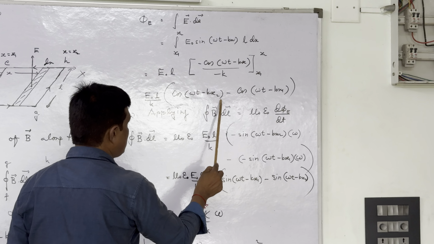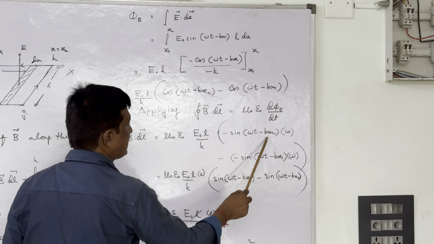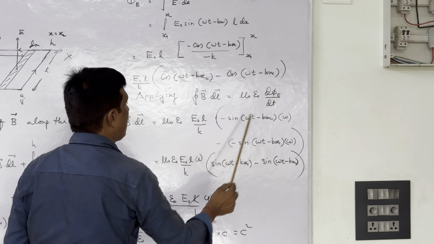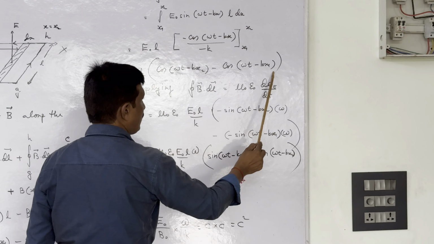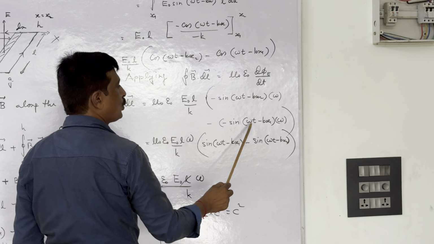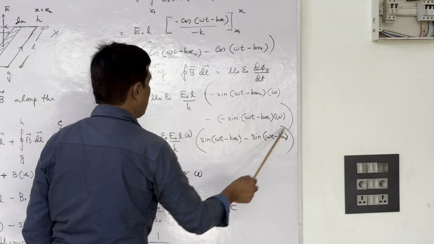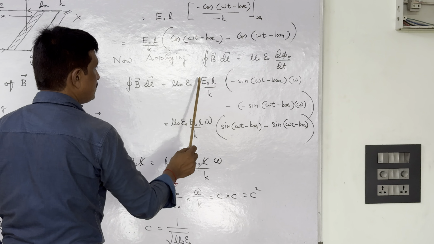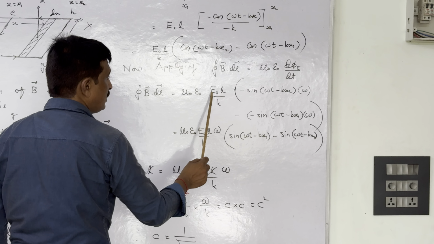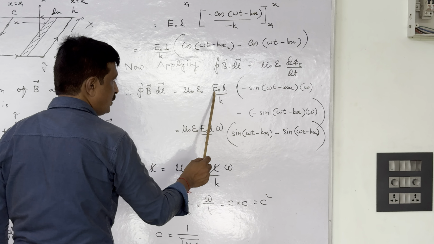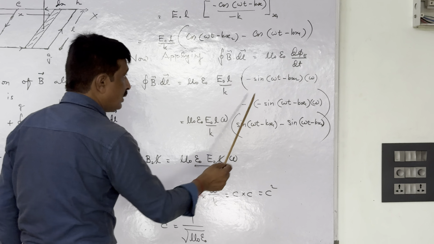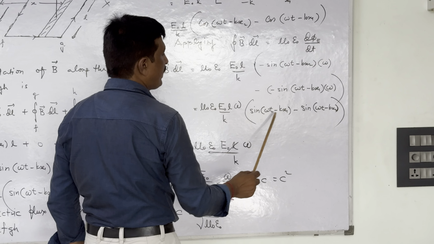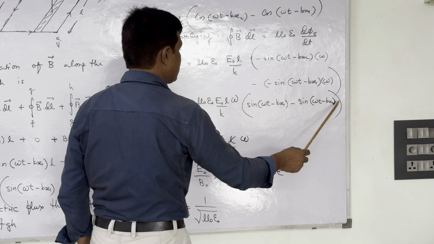The derivative of this term with respect to t is minus sin(omega t minus k x2) into omega, minus the derivative of this, which is minus sin(omega t minus k x1) into omega. So taking omega common, mu naught epsilon naught into E naught L by k, omega is also common, sin(omega t minus k x1) minus sin(omega t minus k x2).